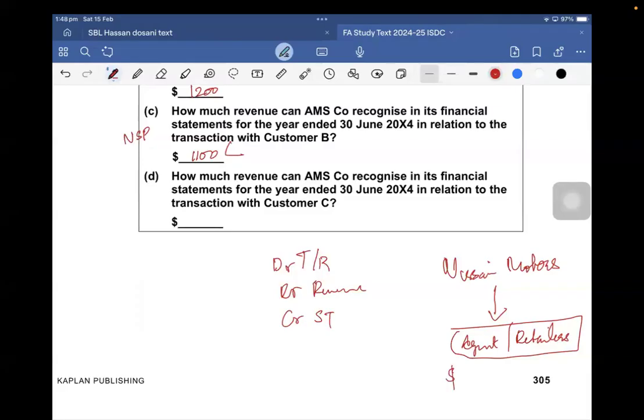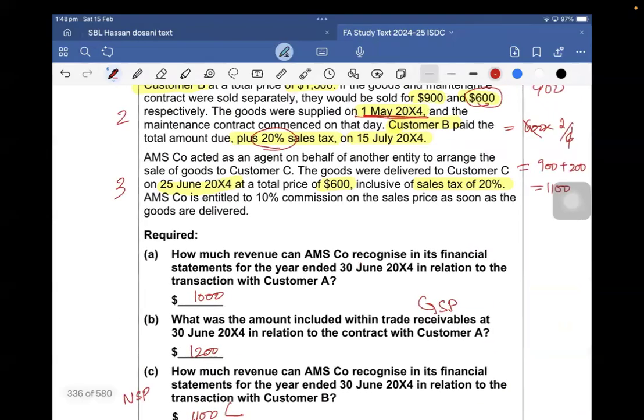For example, let's say $100,000 were collected for one car. But this 100,000 belongs to Nissan Motors and the agent only gets a commission of 20%. Understood? The same logic happens here. Even though the total price of the goods is 600, they can't record 600 because only the commission is their revenue, right?